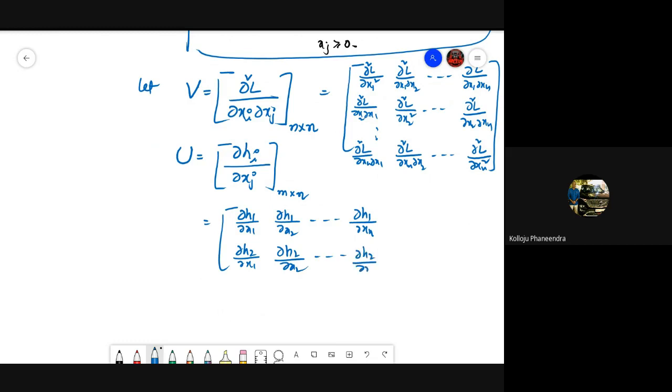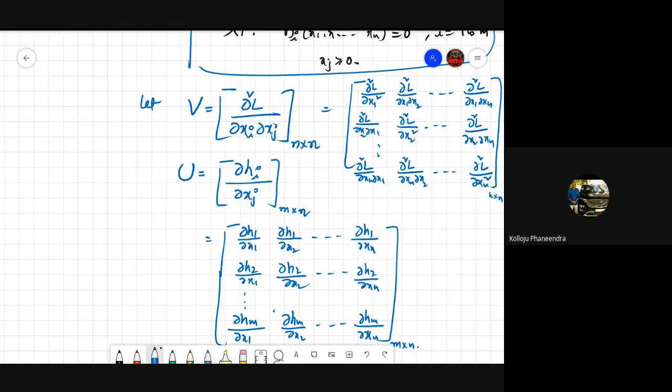Then the mth constraint, del hm by del x1, del hm by del x2, up to del hm by del xn. So m rows and n columns are there.